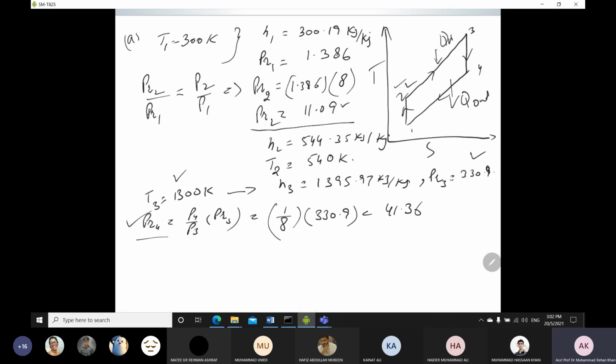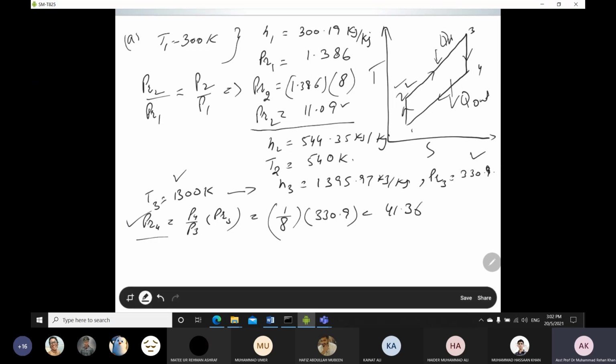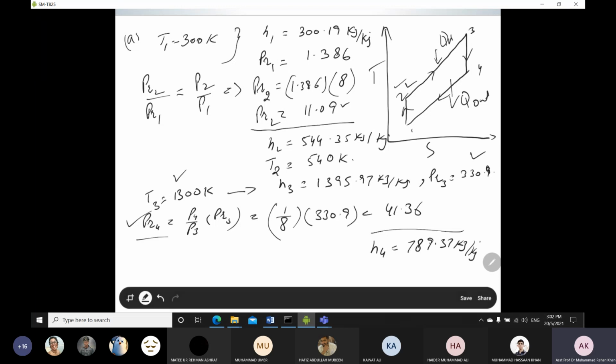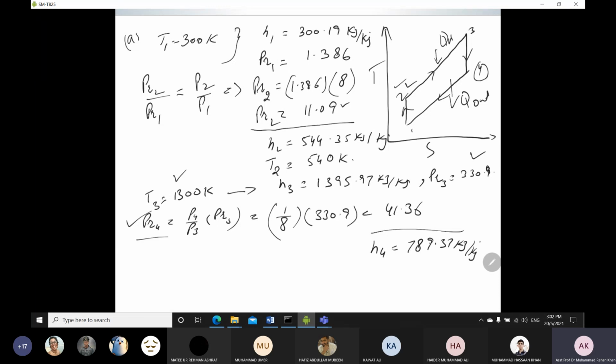Using this reference, we go to the thermodynamic table again and apply the interpolation. For the first interpolation, we can easily find the value of H4, but we need all the enthalpy values. It will be 789.37 kilojoule per kg. Now for part A, we have to find T4, so you apply another interpolation.